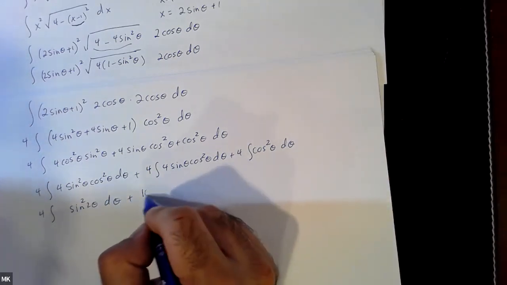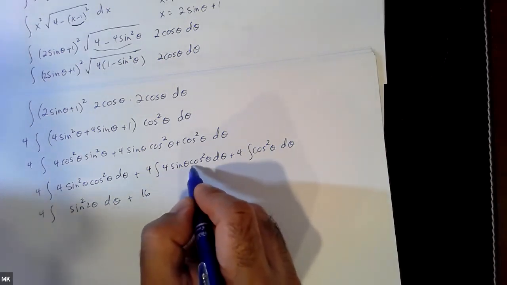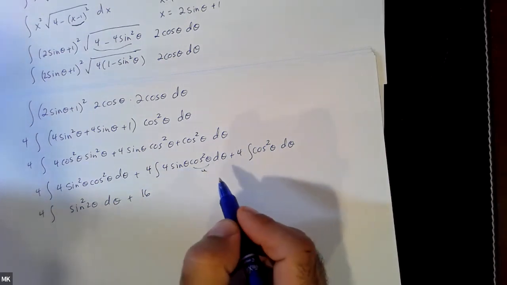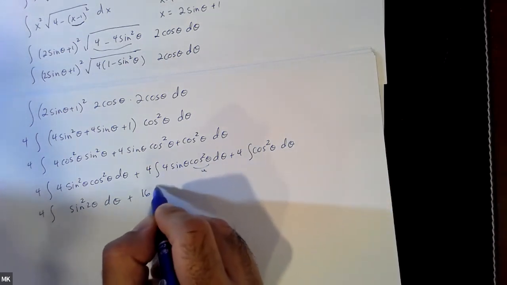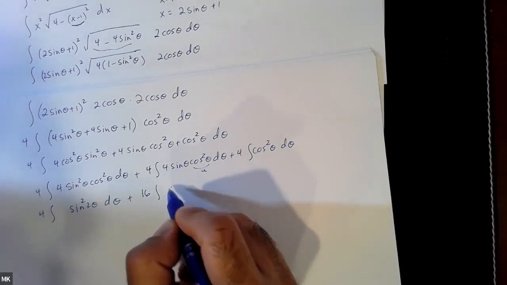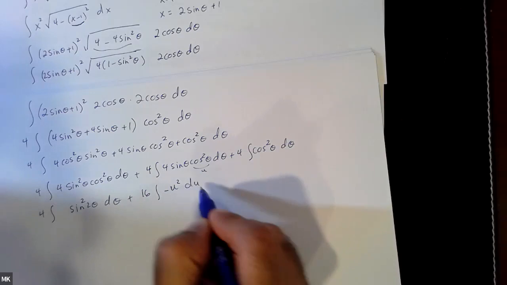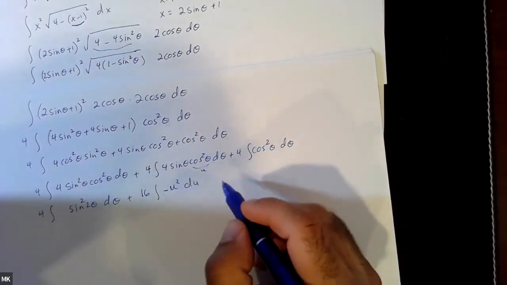This one now is 16. And I'm going to let cosine be u. Sine is negative u, so it's going to be a negative u squared du, because the derivative of cosine is sine.